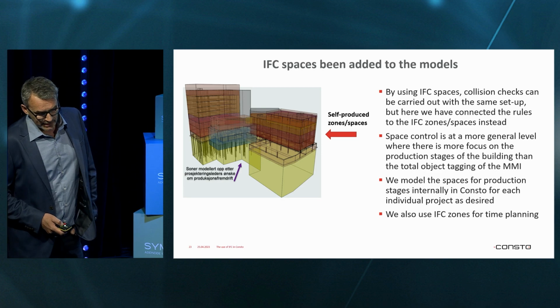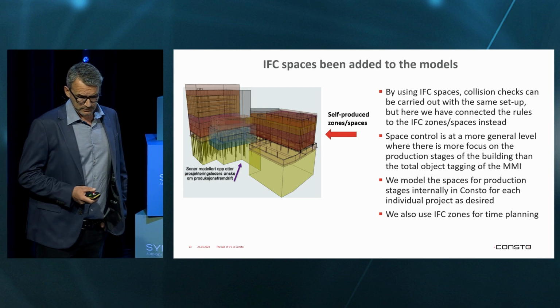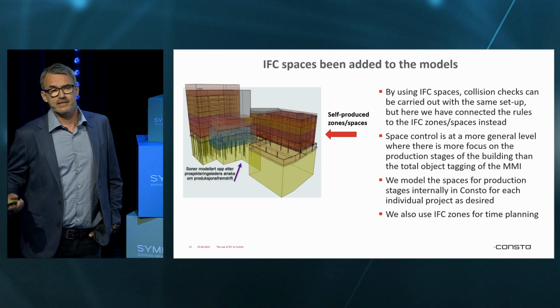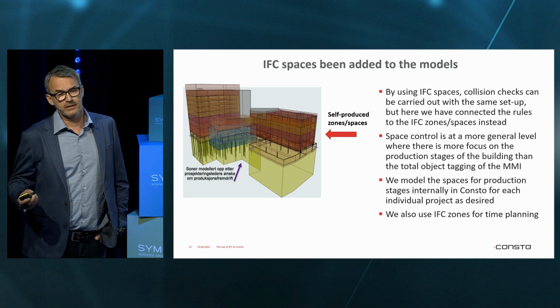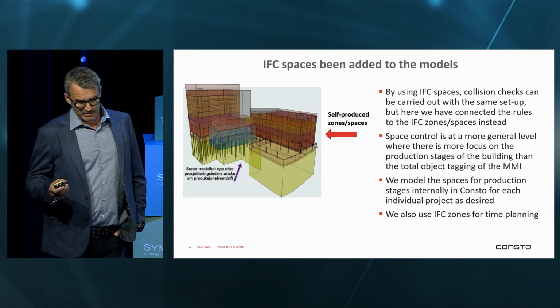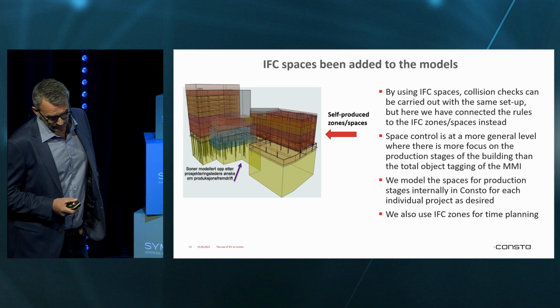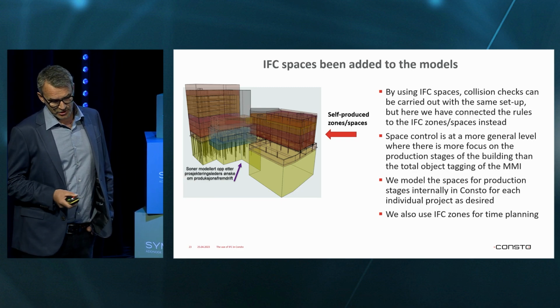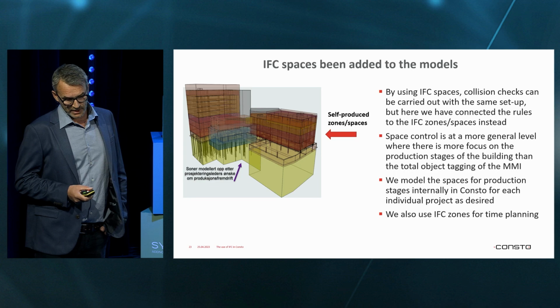And we add the IFC space into the model. By using IFC space, we run the collision checks against the space instead of the object. So space control is at a more general level. It's more focused on the site production stage of the building than the total object tagging of the MMI.